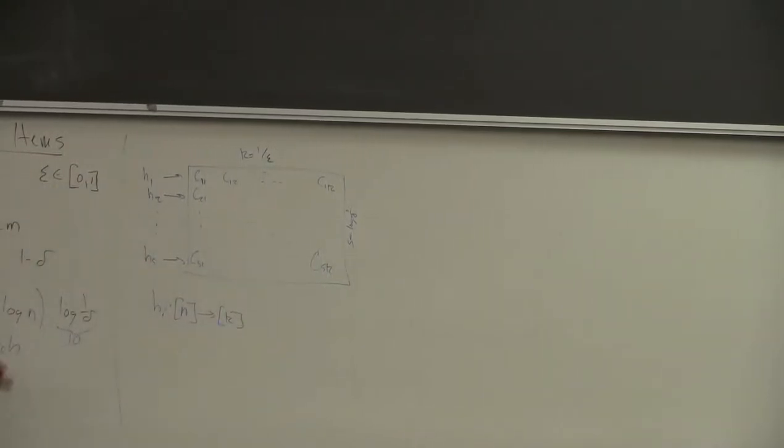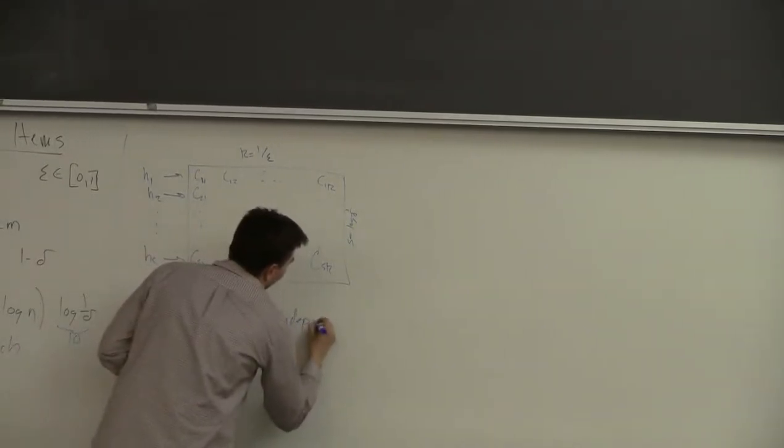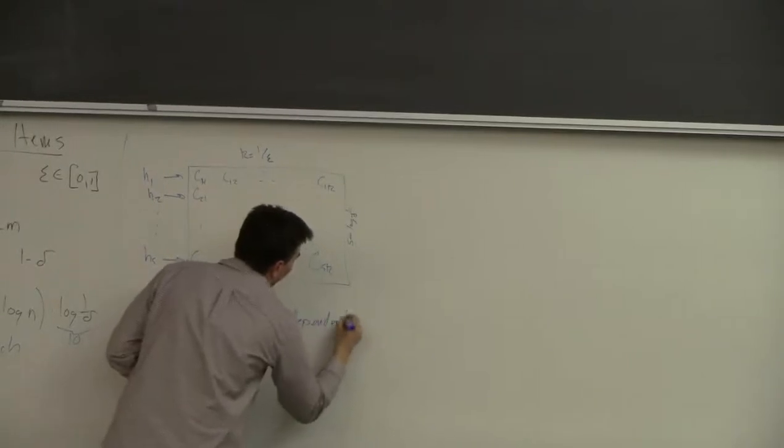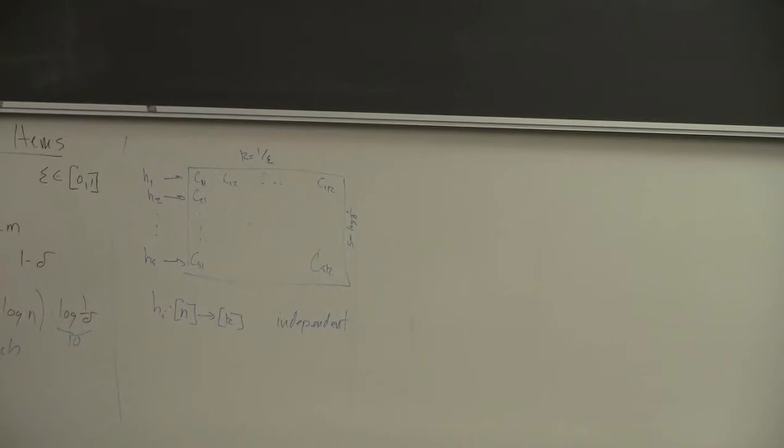And these s hash functions are going to be independent. I don't think you need them to be fully independent, but let's not worry about that. In practice, it doesn't usually matter so much.